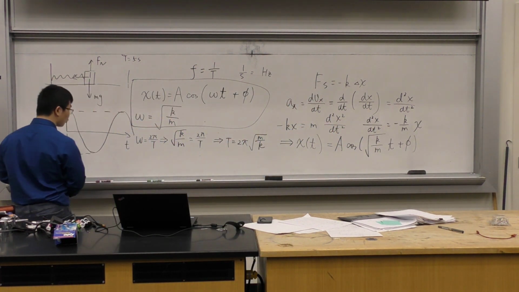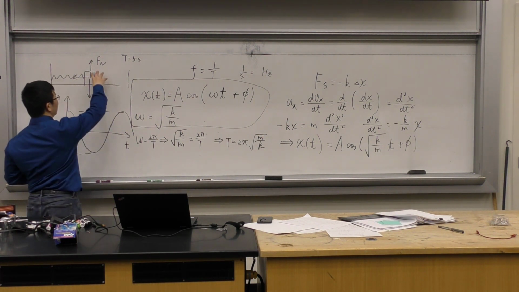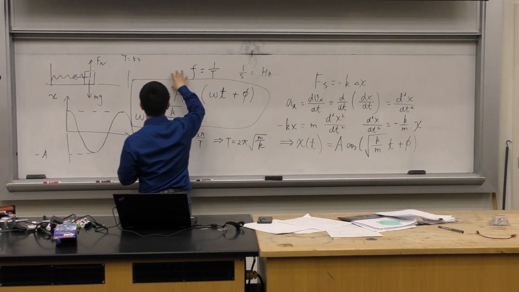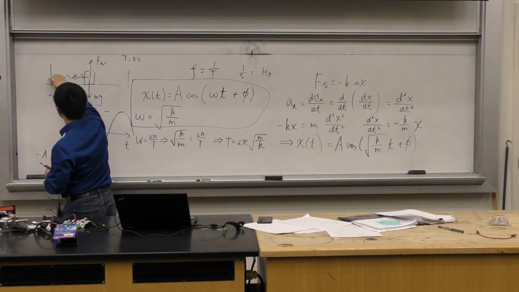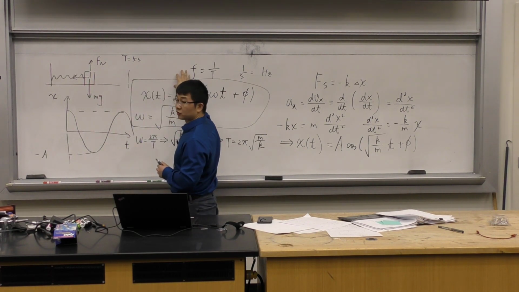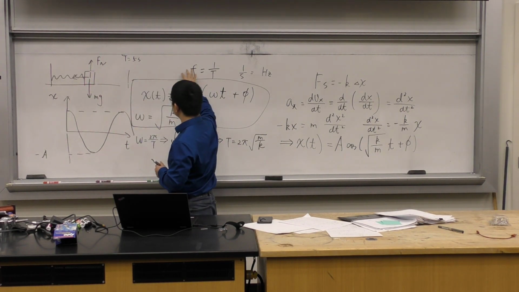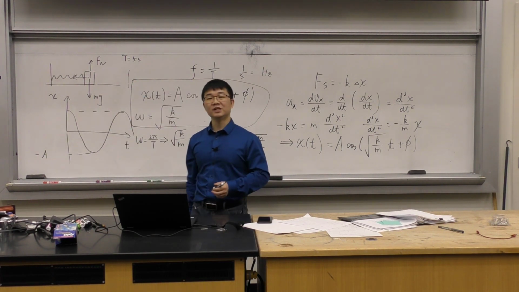Well, I can sort of explain that intuitively. If I pull it a little bit farther, then for one complete cycle, it's going to travel more distance, but it's also going to get a larger speed, right? Because when I pull it very far away, the force in the spring is going to be larger, so the acceleration is going to be larger. So when it's moving, the average speed is going to be larger.